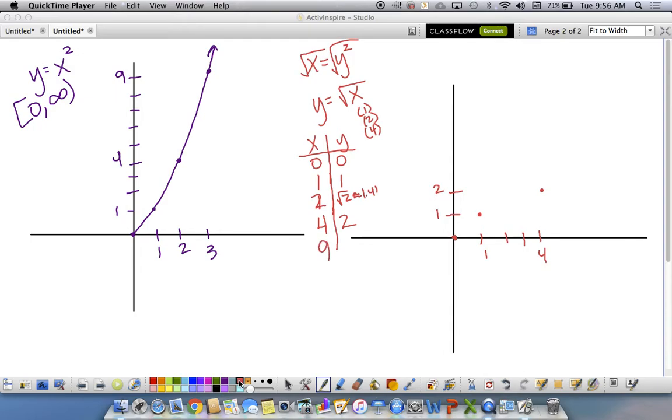Could I plug in 9? What is the square root of 9? And we all said that is 3. Is that enough? What does this graph look like compared to our original function?